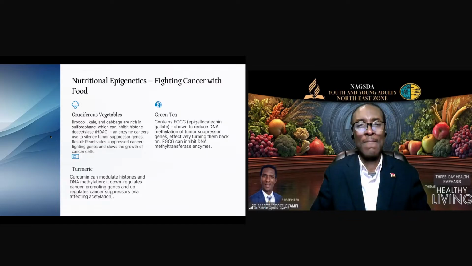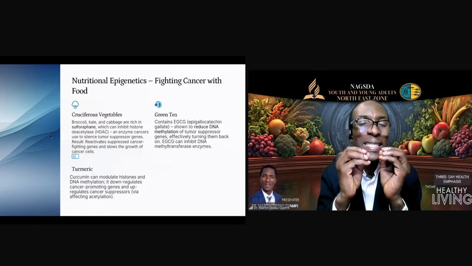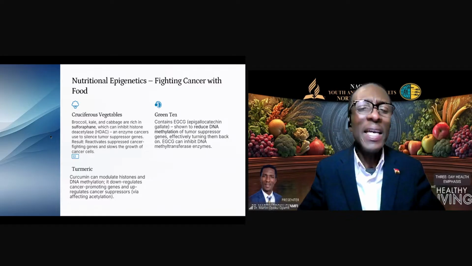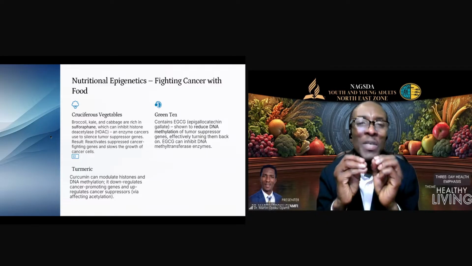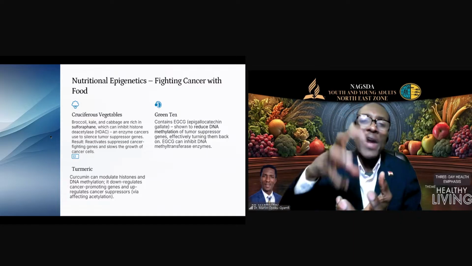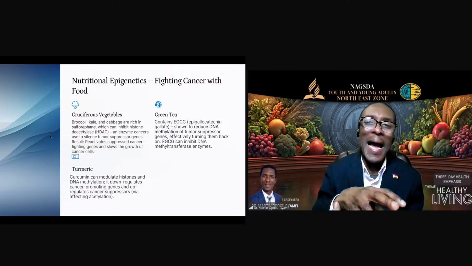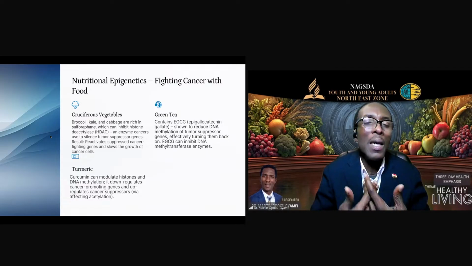And that is why, if you are a young person listening to me today, you have to understand why when we say eat your vegetables, it is not just for the fun of it. Because there's abundant research to show that vegetables have the power to create their own epigenetic tags, which eventually will help our DNA be healthy and will prevent disease.